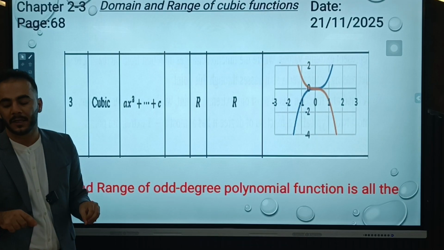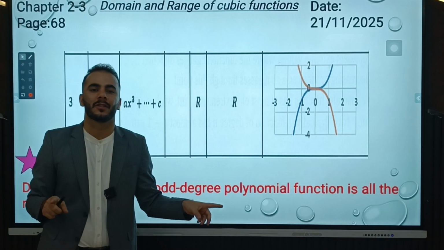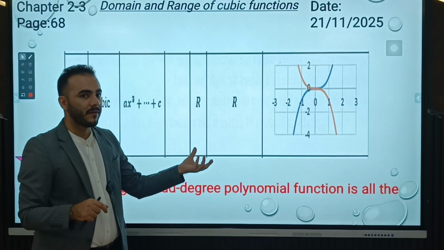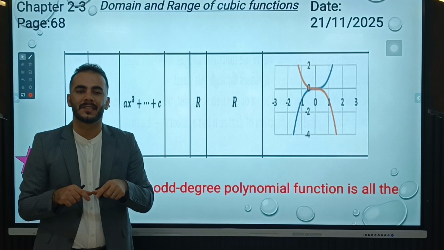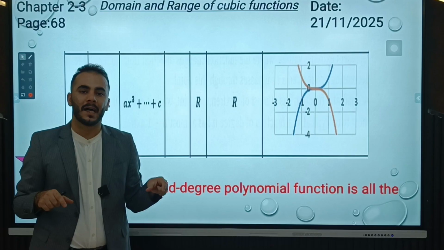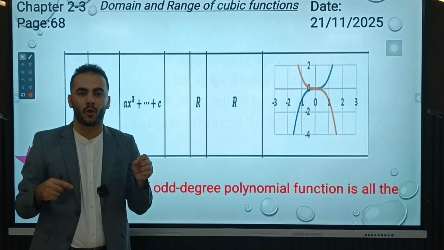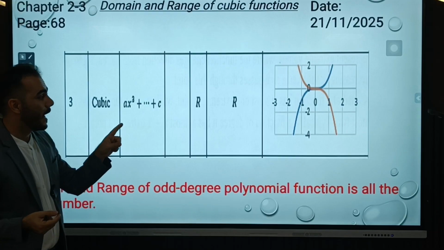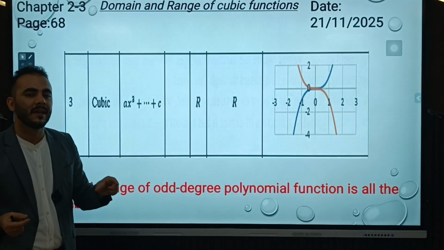For the cubic function, since it has degree 3, and 3 is an odd number, domain and range would be just like the linear function, both all the real numbers.